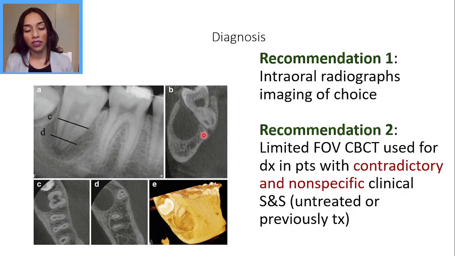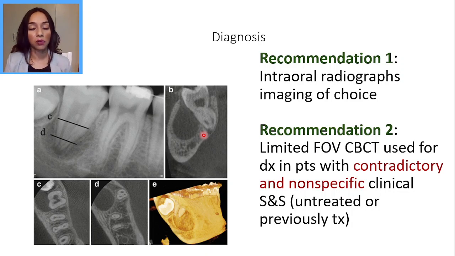I think a great point to mention, what this image highlights, is that of course, as endodontists, we want to focus on the tooth, but when we feel that an appropriate referral is necessary, we should go ahead and do that.